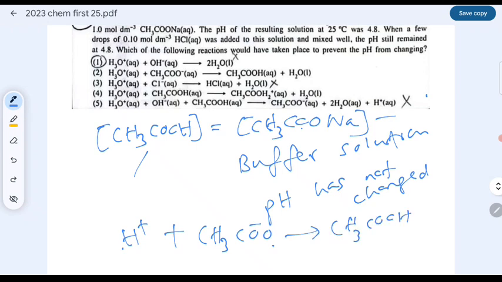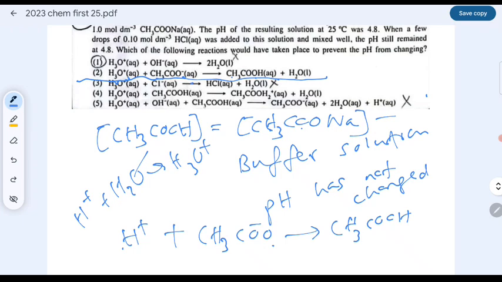So this reaction is shown in answer 2, right? Not 1. Answer 2 is the correct answer because H plus with water forms H3O plus. So it's okay. H3O plus and CH3COO minus. This H plus is taken by CH3COO minus and CH3COOH is formed plus H2O.